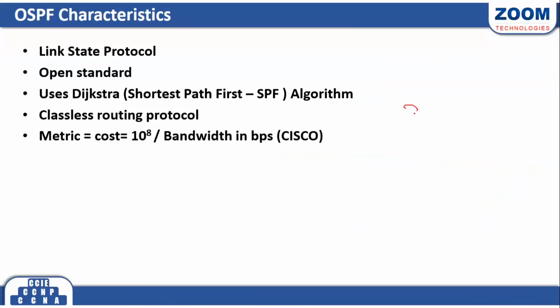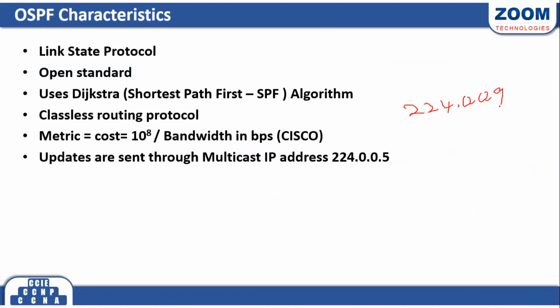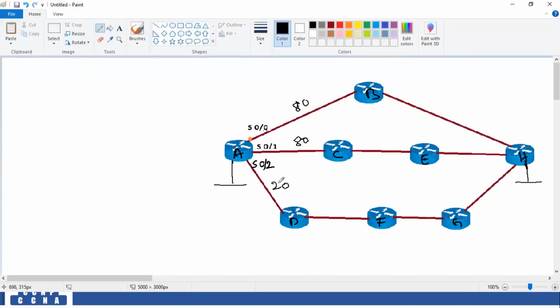Like RIP will send the multicast messages using 224.0.0.9, OSPF uses 224.0.0.5. Like what if you have it is 80 Mbps, it is also 80 Mbps, it is also 80 Mbps, then which is the best path? All are best paths.